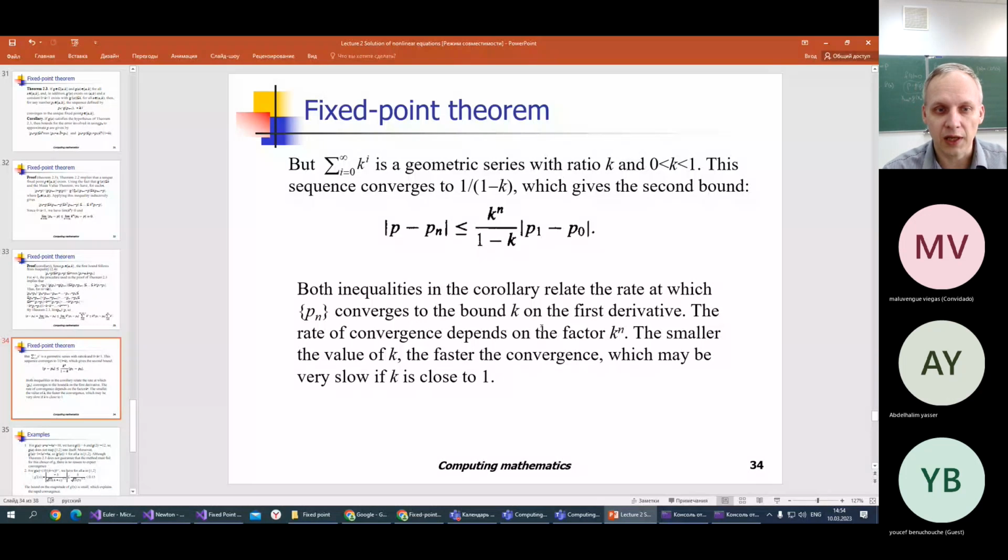The smaller the value of k, the faster the convergence. Suppose that k equals 0.1.